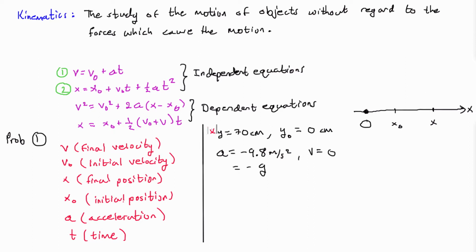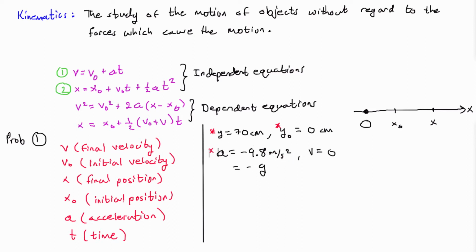So these are the pieces of information that we have to make use of. First piece of information is that his final position or final height is going to be 70 centimeters. Second piece of information is that he starts from y equals 0. Third piece of information is that the acceleration is the acceleration due to gravity, which is negative g, which is negative 9.8 meters per second squared.